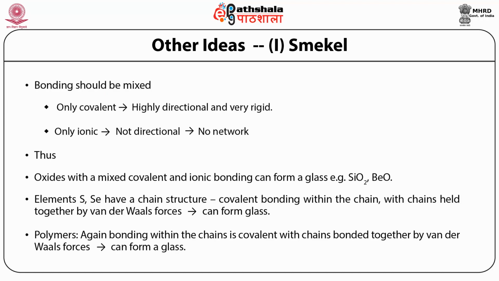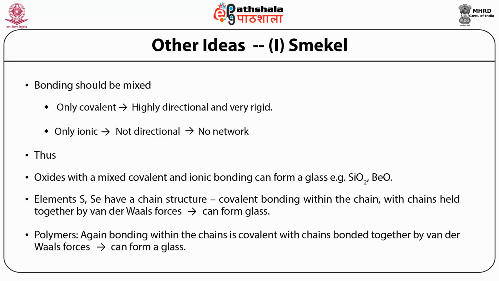According to Smekal, this requirement can be met in the following materials. First are inorganic compounds in which the bonding is partially covalent and partially ionic, and the examples are silicon dioxide, that is SiO2, and B2O3. The second class is elements such as sulfur and selenium, which have a chain structure.